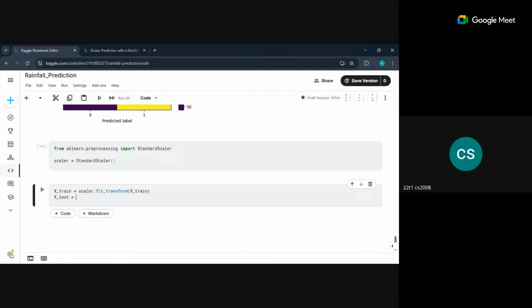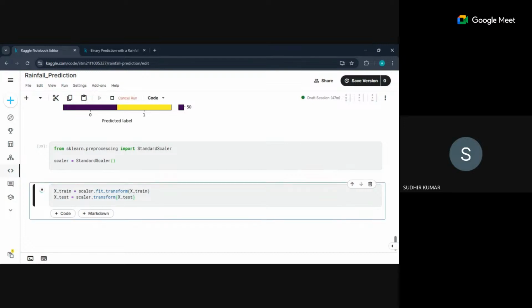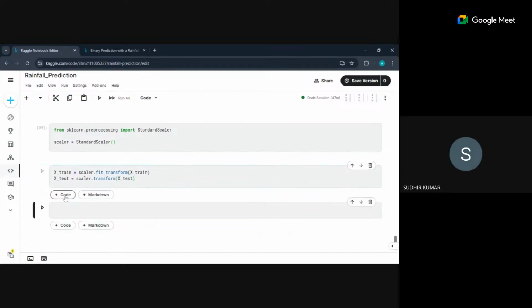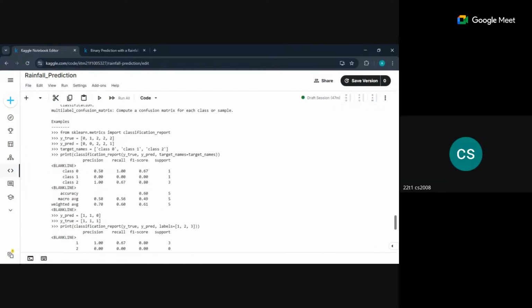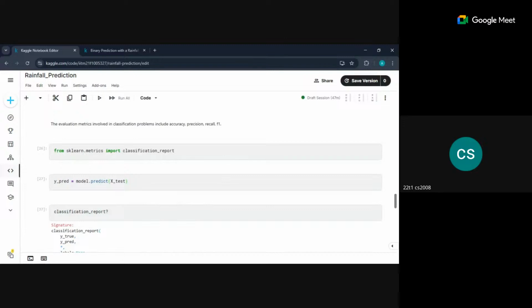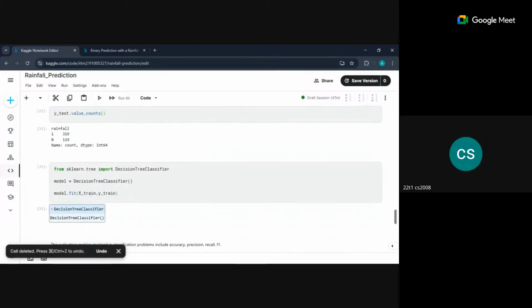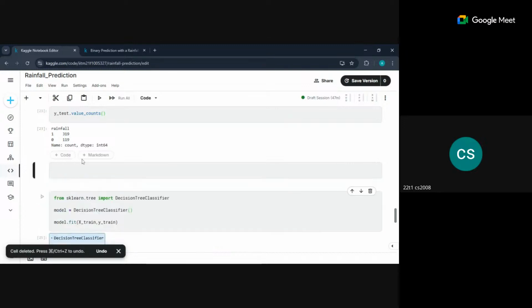What should I write here? Is it the same code? Scalar transform. Okay, only transforms. Good. Now here, let's do one change. Let's see the parameters taken by the random forest model.